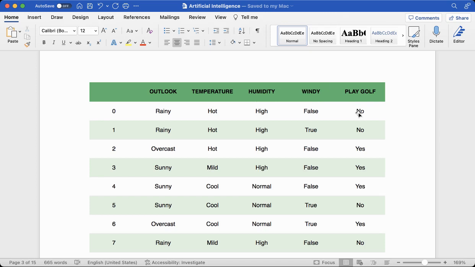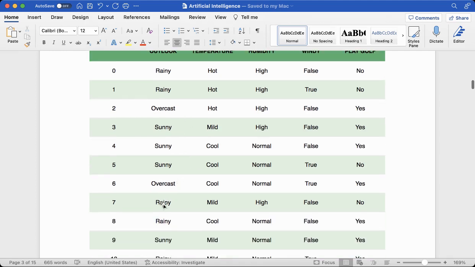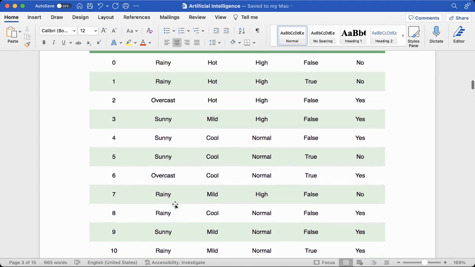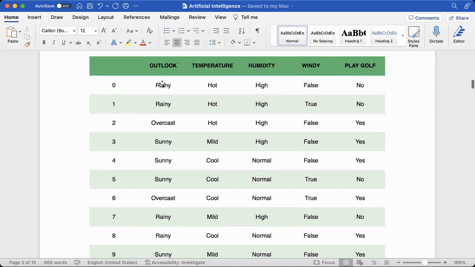In the case of outlook, we have rain, overcast, and sunny. These are the three possible values.